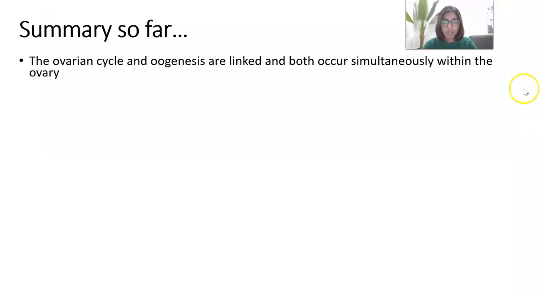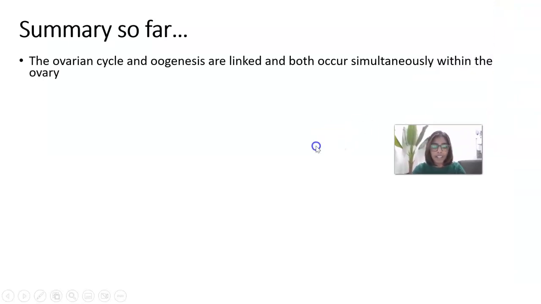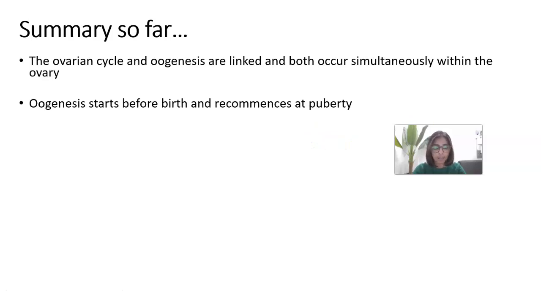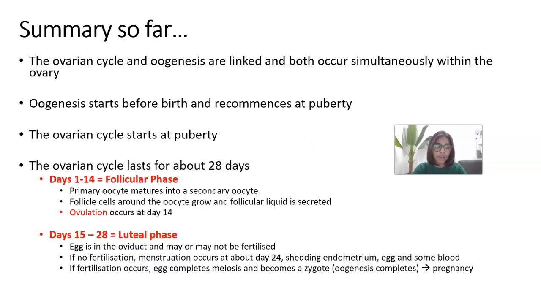So the summary so far. The ovarian cycle and oogenesis are linked, and they occur simultaneously. Oogenesis starts before birth but recommences at puberty. However, the ovarian cycle only starts at puberty. We know that the ovarian cycle is split into 2 phases.